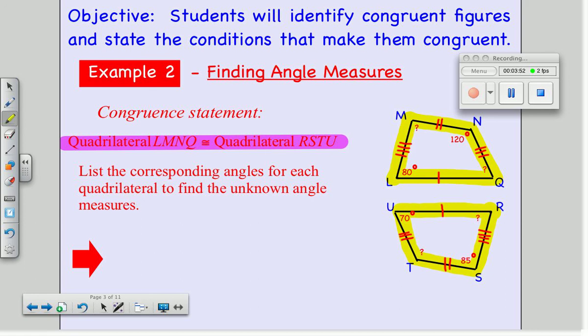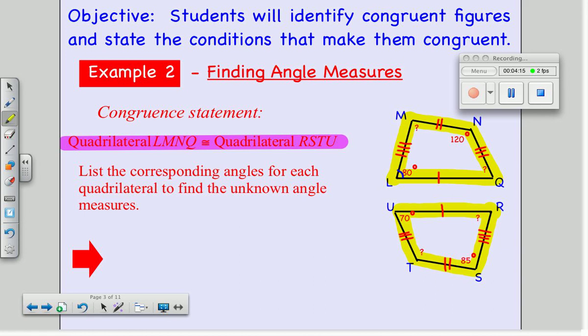All right. So now let's look at our corresponding angles. Okay? So I'm going to take angle L here. What does it correspond to in my other quadrilateral? Is it angle T? No, those aren't the same position. It's got to be either U or R, correct?